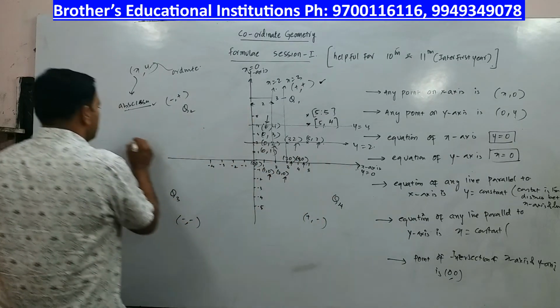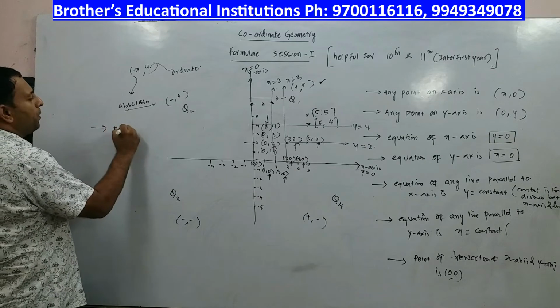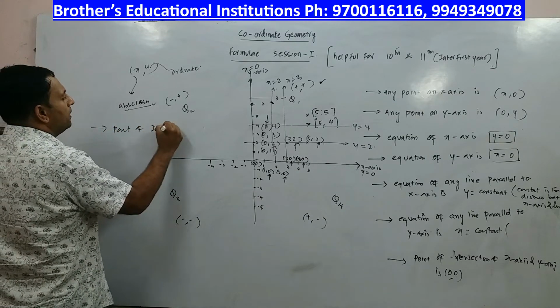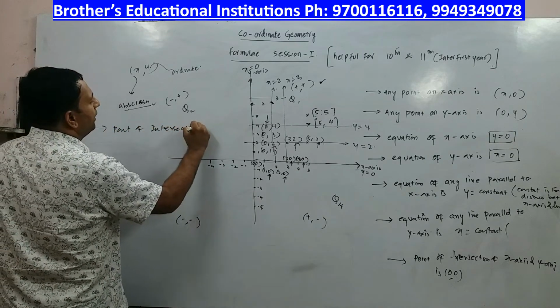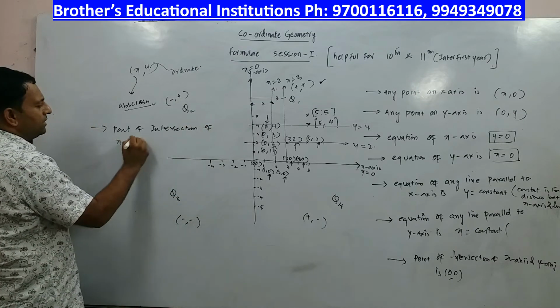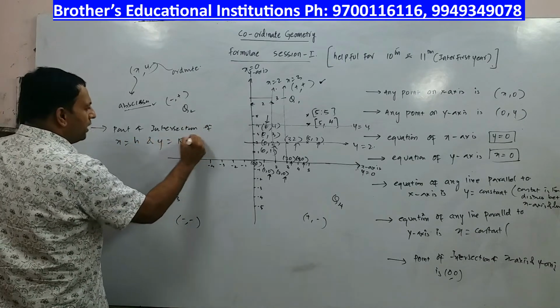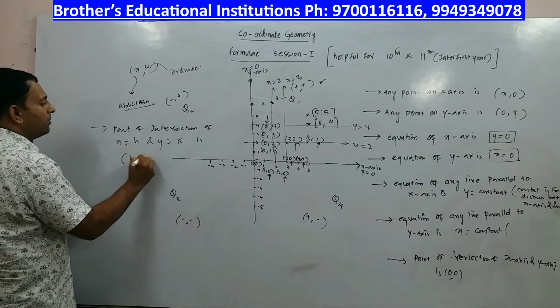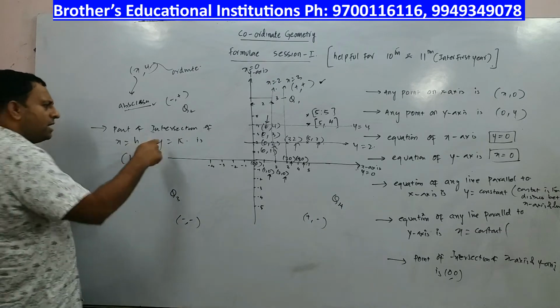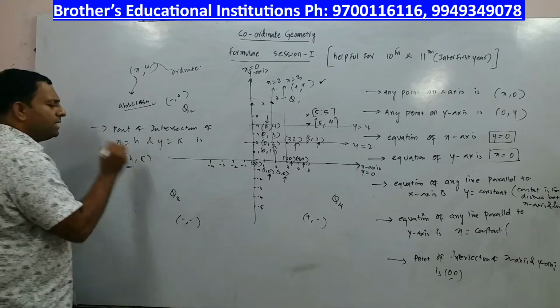And if I ask you, what is the point of intersection of x is equal to h and y is equal to k? It is h, k. Always refer to what x says, always refer to what y says, is h, k.